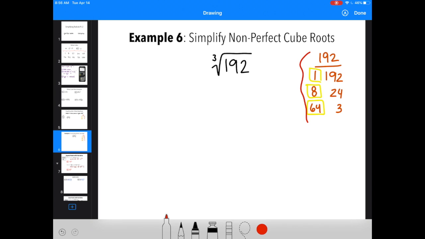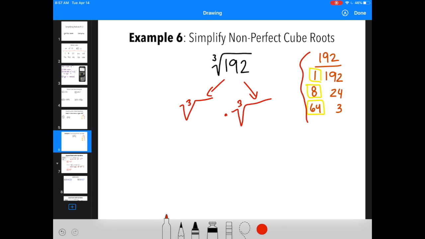So when I went through that process of my perfect cube list, I found that 1, 8, and 64 are factors of 192. Now remember, back in square roots, I want to find the perfect cube or perfect square that's the largest value that's divisible into my radicand. So here, that would be 64.